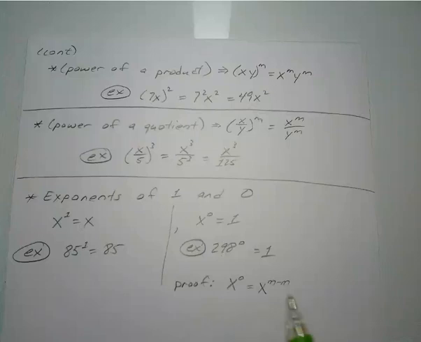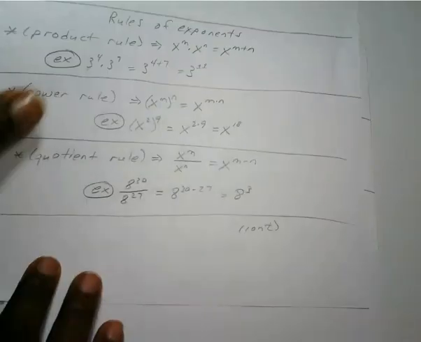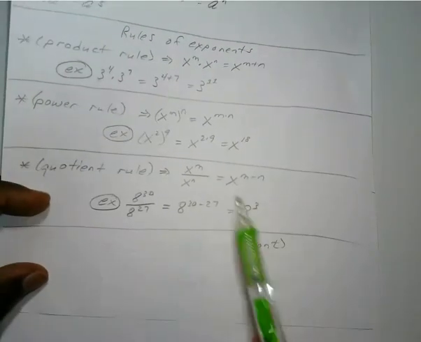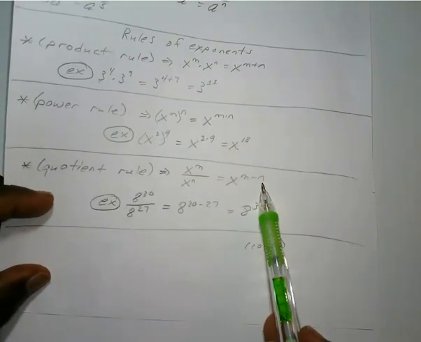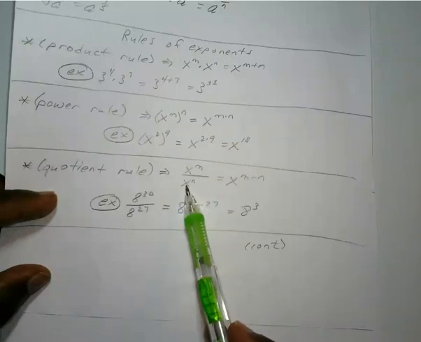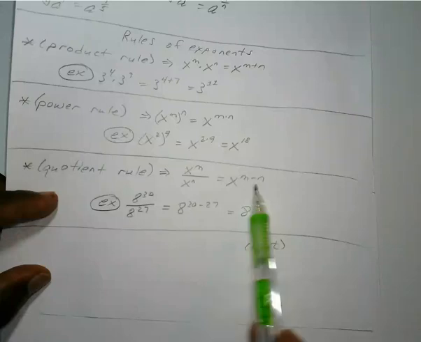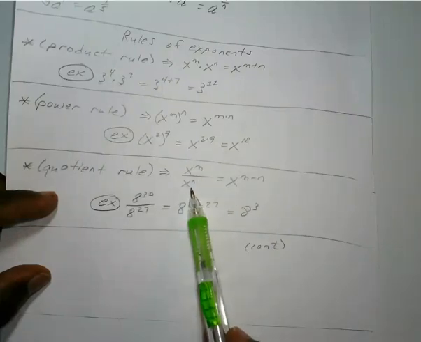Now if you look at the quotient rule on the previous page, if you have x to the m minus n, that's equal to x to the power of m over x to the power of n. So if you have x to the m minus m, it will be x to the power of m over x to the power of m.